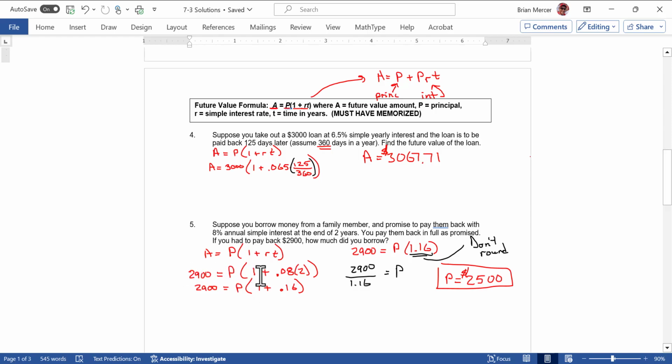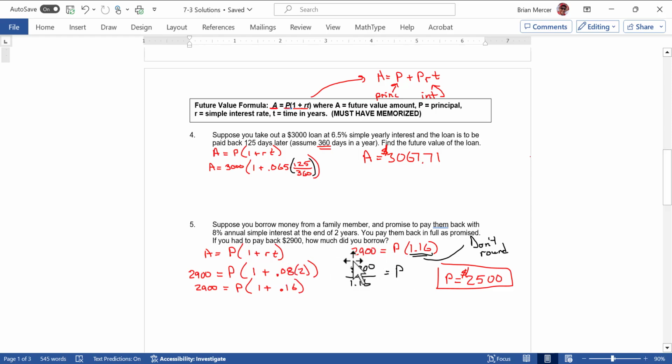We don't know P. 1 plus 0.08, that's the 8% interest. And 2 is 2 years. So we just put 2 because it was yearly interest. And so doing a little calculation here, that's 1.16. One of the things you'll see a lot of is don't do any extra rounding. Don't do any intermediate rounding.